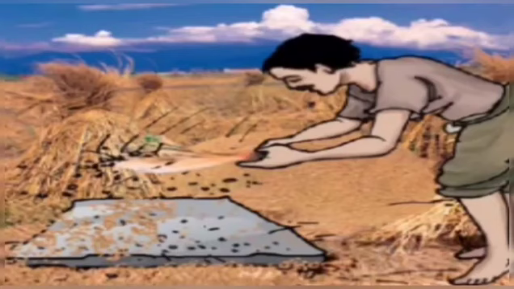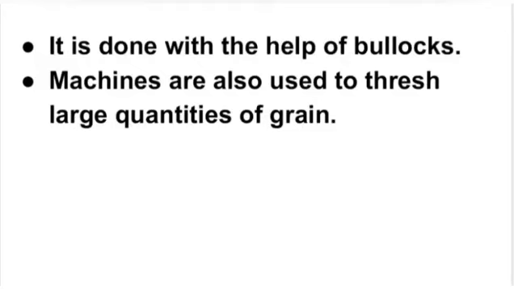Okay, so this is your threshing process. It is done with the help of bullocks, and machines are also used to thresh large quantities of grain. Means nowadays machines are used to thresh large quantities of grain.